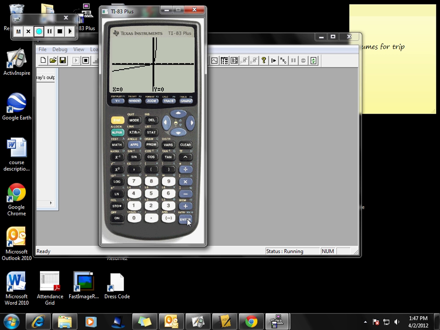Well, guess what line it looks like? Y equals 1/4 x, which would be x over 4. And what does this part of the function over here on the right look like? It's going up, it's an exponential. It kind of looks like half a parabola, but it's an exponential. It looks like e to the x.